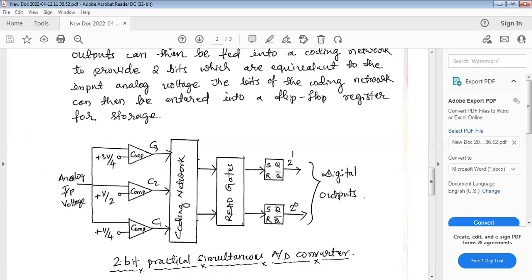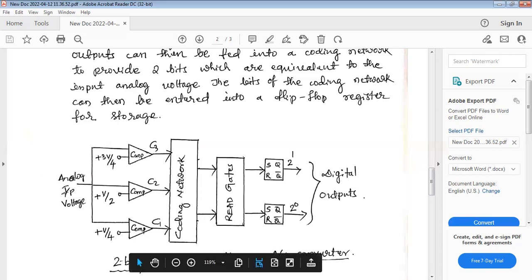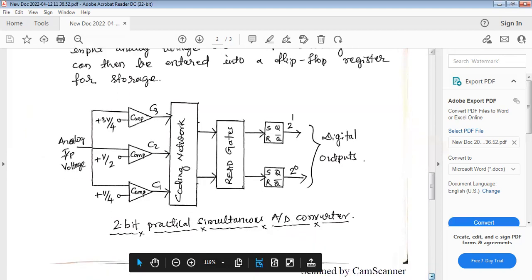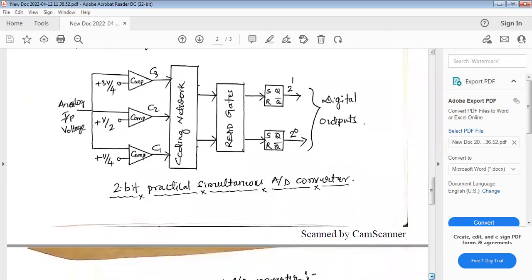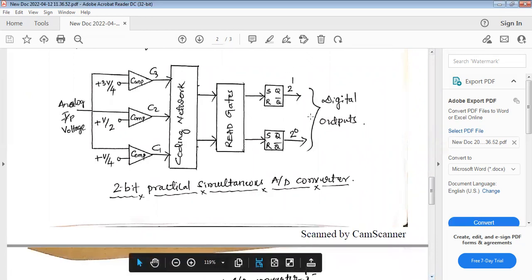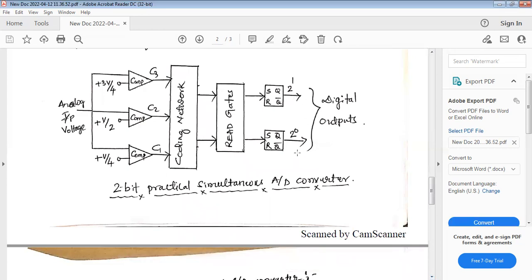So this is how a complete analog to digital network of a simultaneous analog to digital converter works. And it is a 2-bit system, because you can see here 2 digital outputs, 2 digital bits, so it's called a 2-bit system.